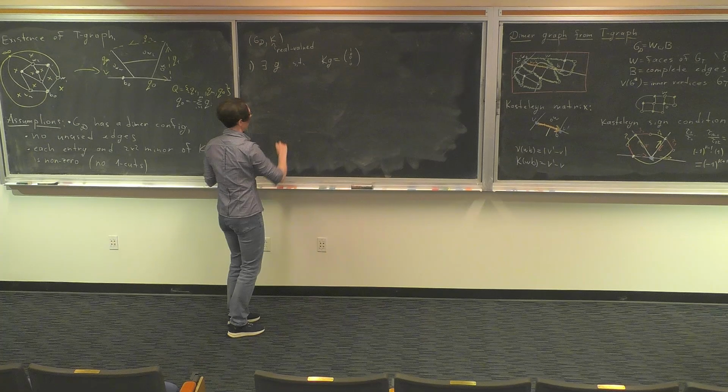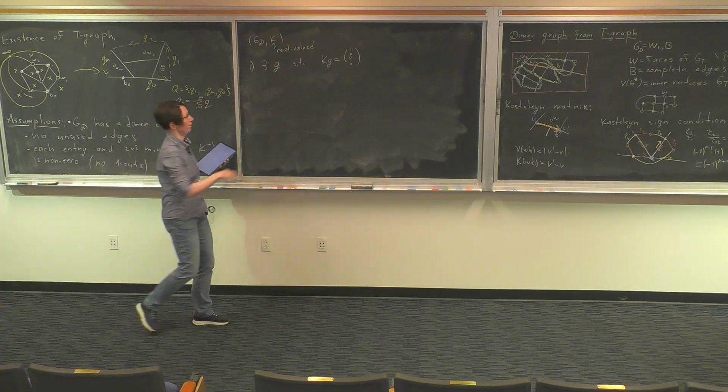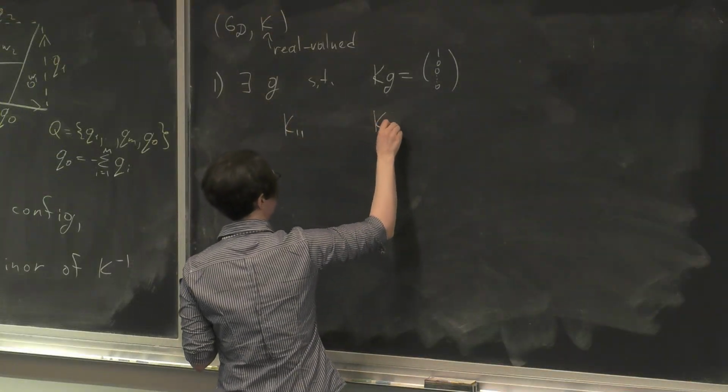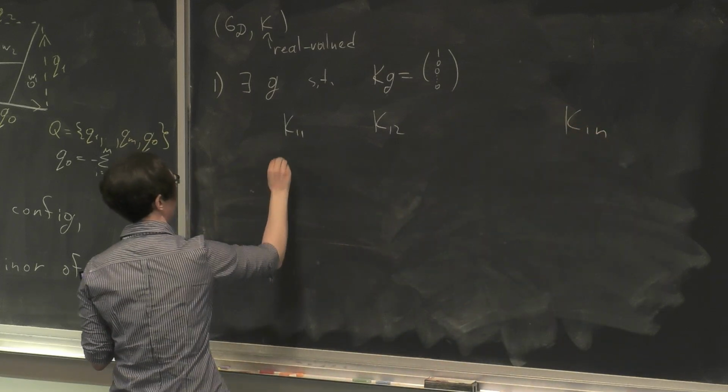And I take this G, and about G now I can think as a function defined on the white vertices. So what's written here, how to think about it: we have our Kasteleyn matrix.